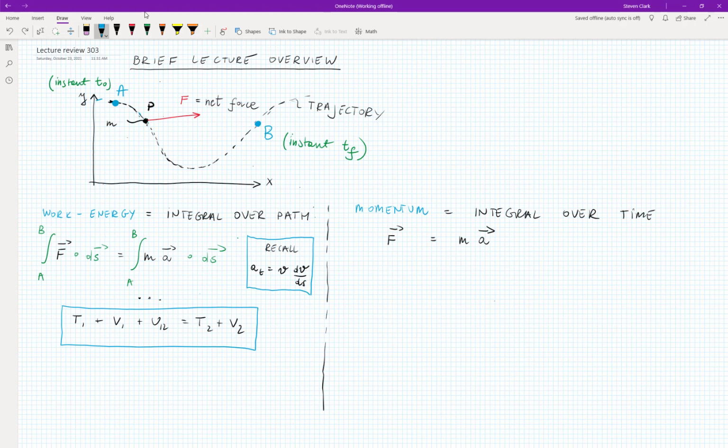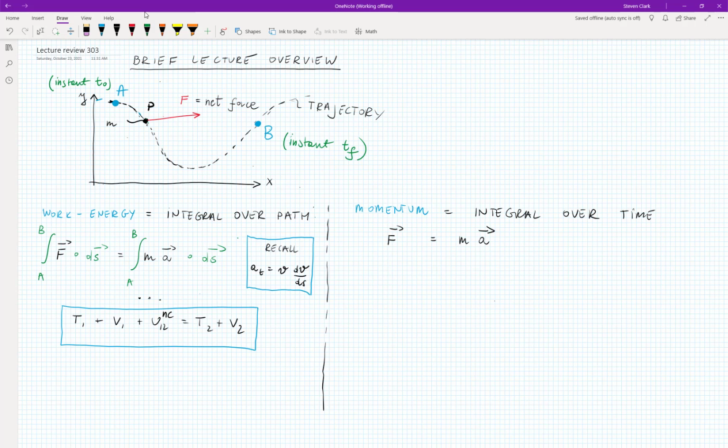We didn't care about the time the motion lasts. We only cared about the displacement of the particle, right? That's why we used this definition for acceleration, v dv ds, and we ended up with such a form of work energy method.